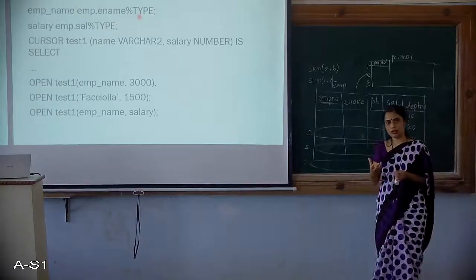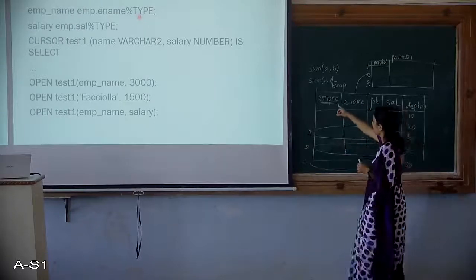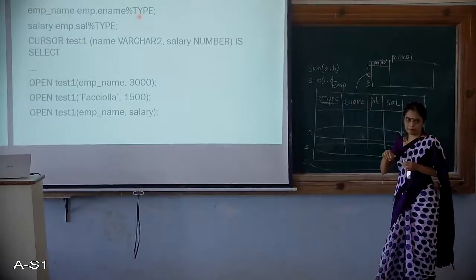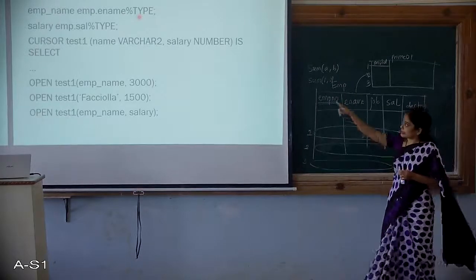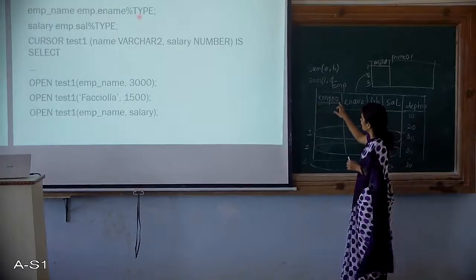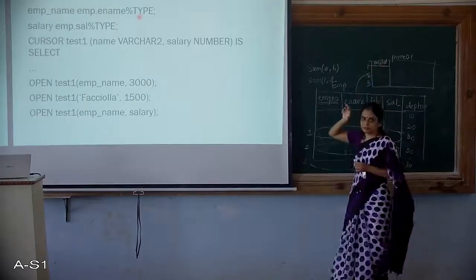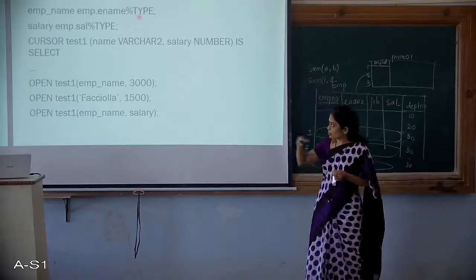One crude way of doing it is to go to the database, see what its data type is, and set it exactly the same. Another way of doing it is type. I can simply say whatever is the data type of this should be the data type of any variable that I am declaring.